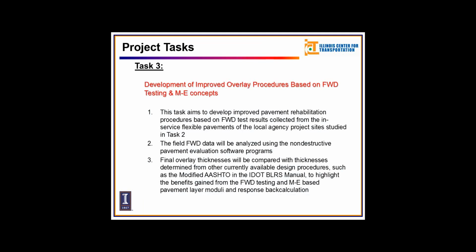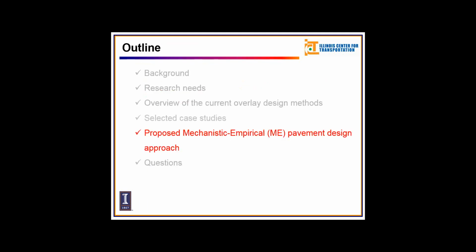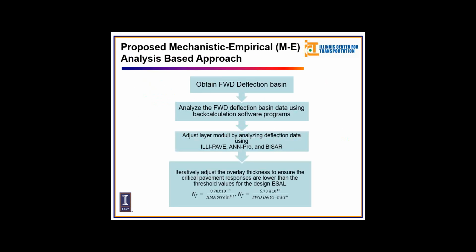So our next task was to develop and improve overlay procedures based on our FWD testing and AMI concepts. We're trying to develop this AMI analysis-based approach, and here's the flowchart.